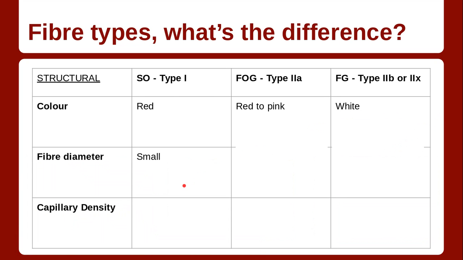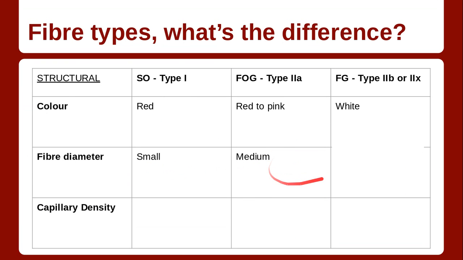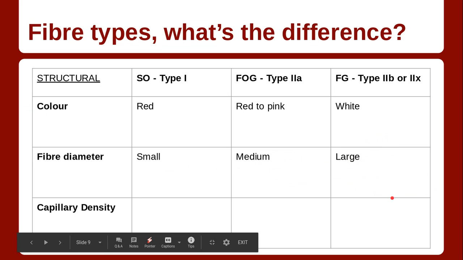In terms of fibre diameter, again, what you might expect, our slow twitch are smaller. If you think about how endurance athletes look compared to how our power athletes look. They're smaller in diameter, medium in diameter for our type 2A, and then obviously, as we'd expect, our power, fast twitch fibres are our larger diameter fibres.